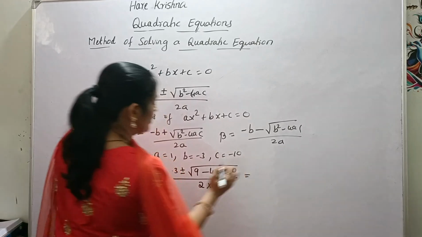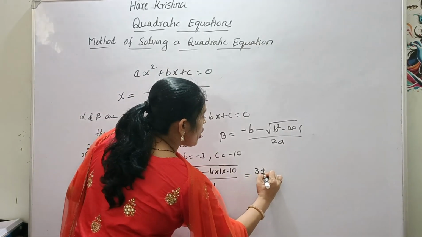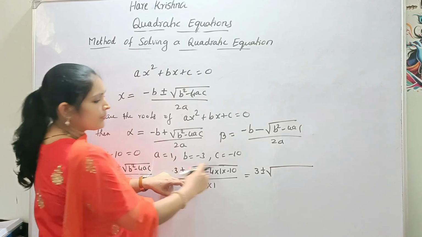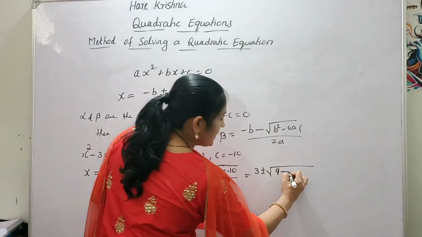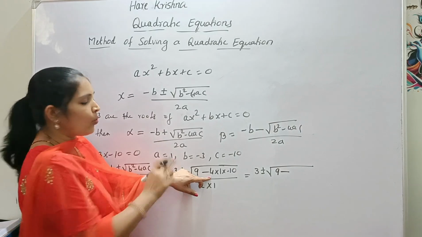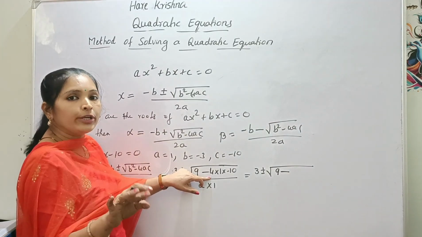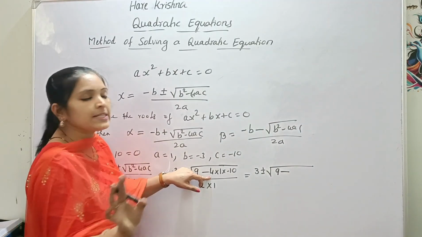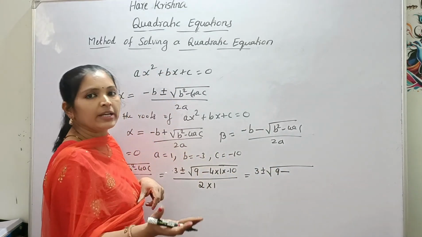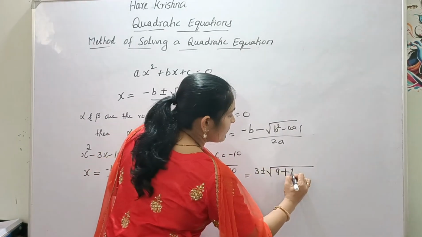That is equal to 3 plus or minus square root of 9 minus 4 into 1 into minus 10. 4 into 1 is 4, and 4 into minus 10 is minus 40. Minus of minus 40 is plus 40.